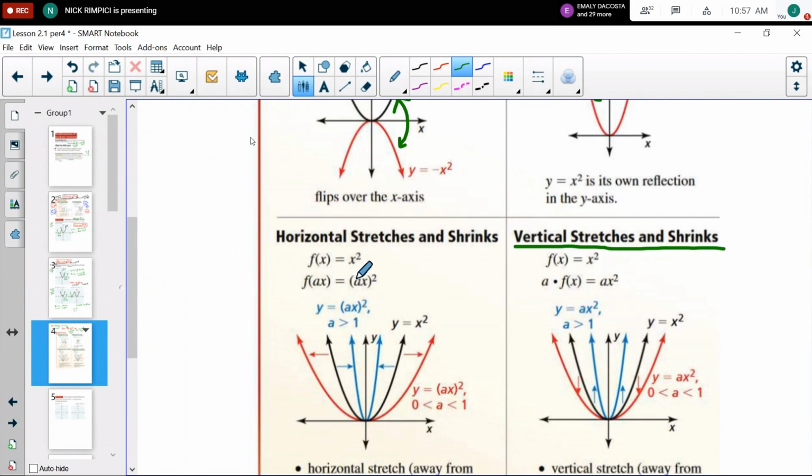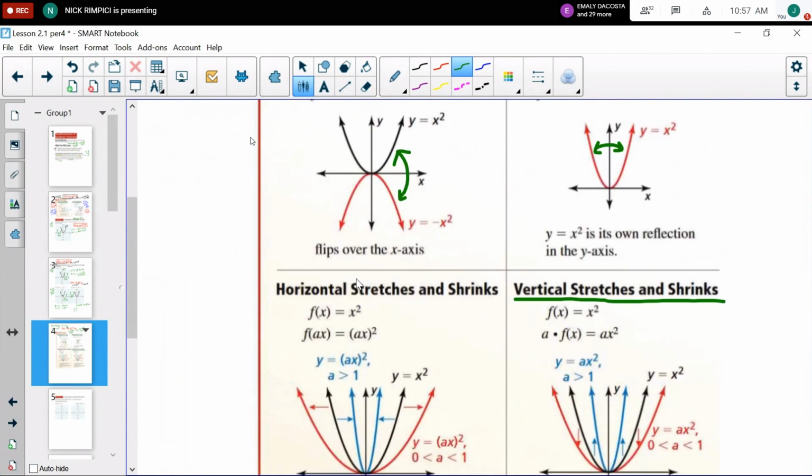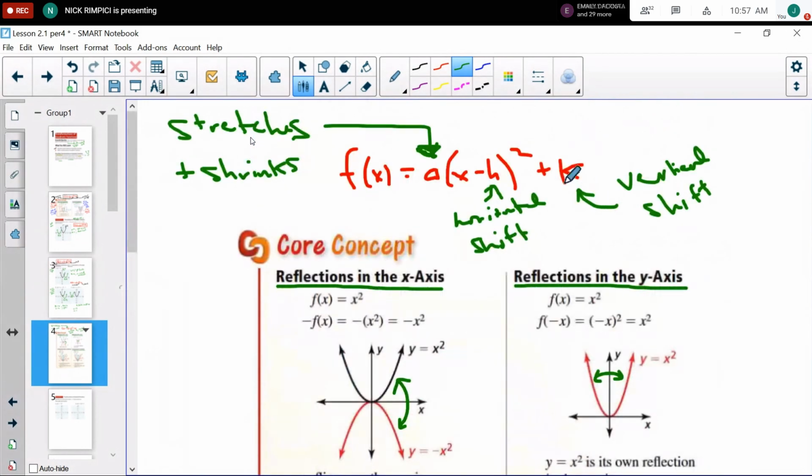The same was true yesterday to a degree. When you add k, you're adding it to the entire function. When you tamper with the entire function, it's a vertical change. When you do something directly to x, subtract or add, that's some type of horizontal change. That's going to be true throughout the activities.